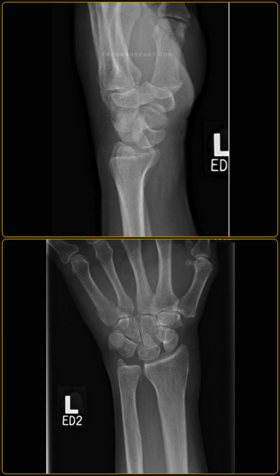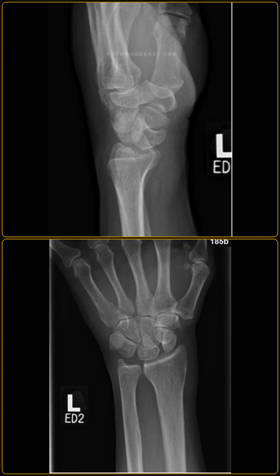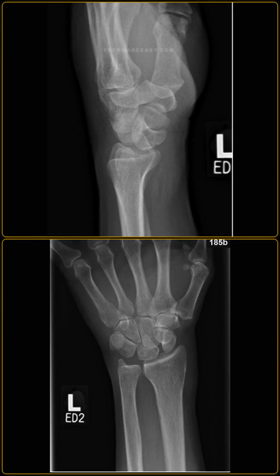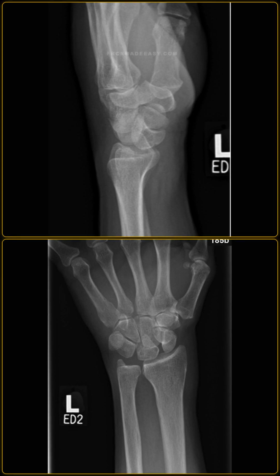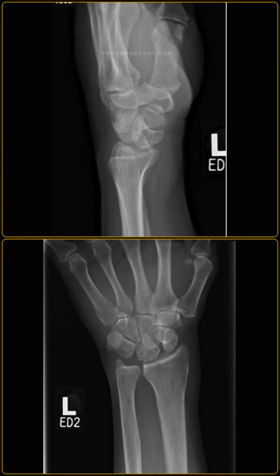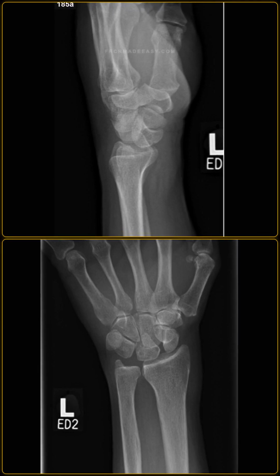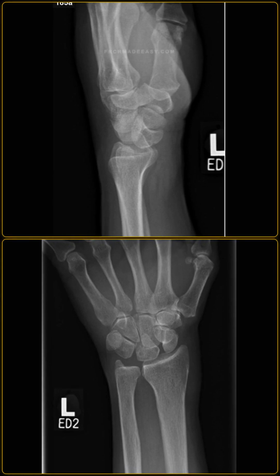Explain the Mayfield classification of carpal instability and how a lunate dislocation differs from a perilunate dislocation. In that case, carpal instability is classified into 4 stages using the Mayfield system, which represents a progressive ligamentous disruption under hyperextension and loading. Stage 1 is scapholunate dissociation, with tearing of the scapholunate ligament.